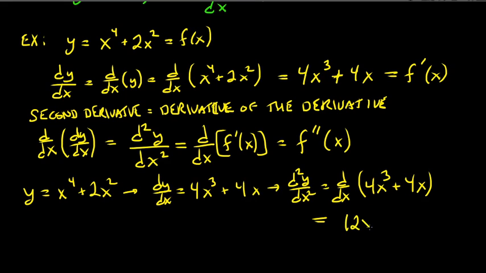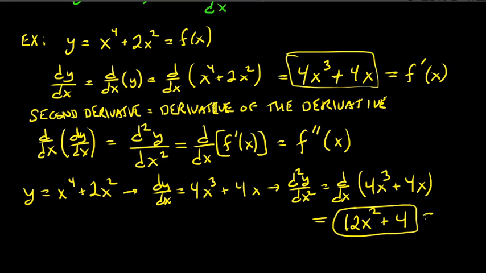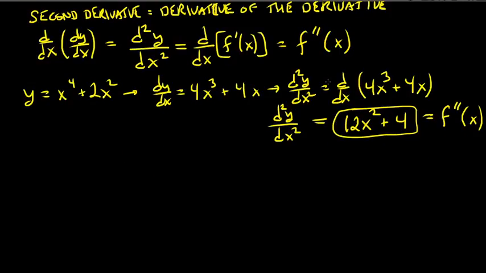So hopefully by now you're used to this. This is 12x squared plus 4. If this is the first derivative, this is the second derivative, so f double prime of x, or d squared y divided by dx squared. Either way. So that's the idea of the second derivative.